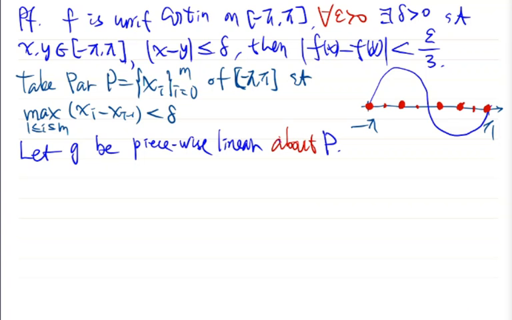Ignore them. I don't want to work with so many points. So the graph of g, just take the corresponding points on the graph of f, and then link them with segments.